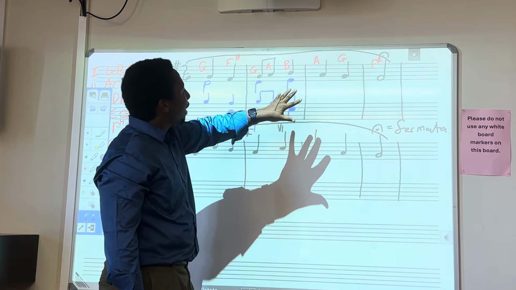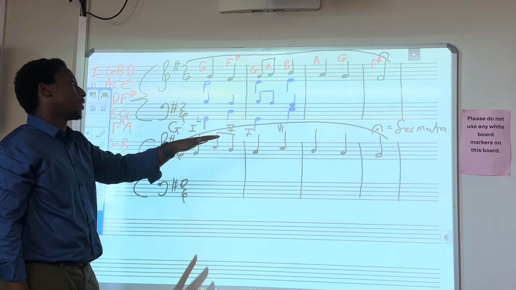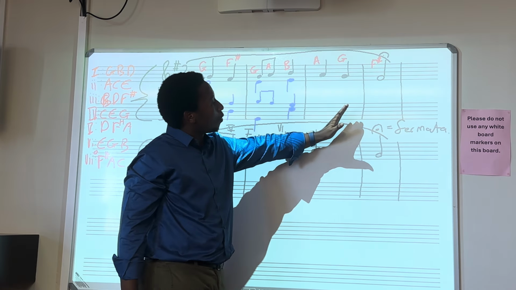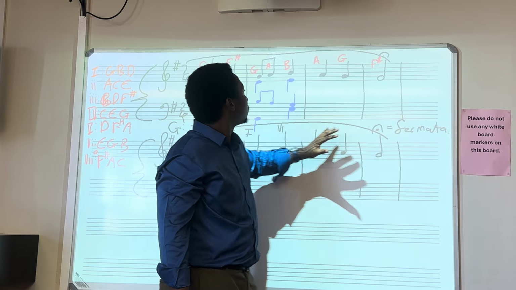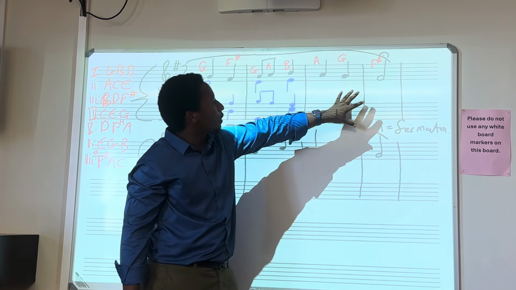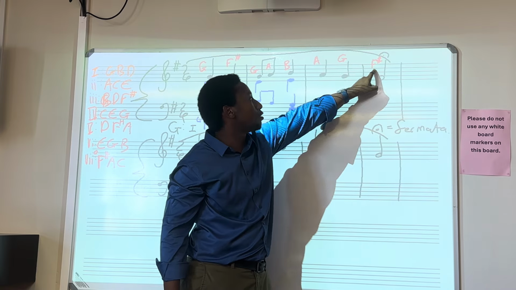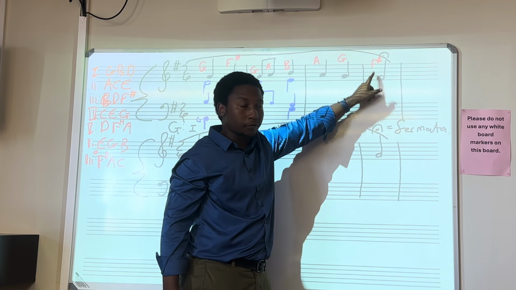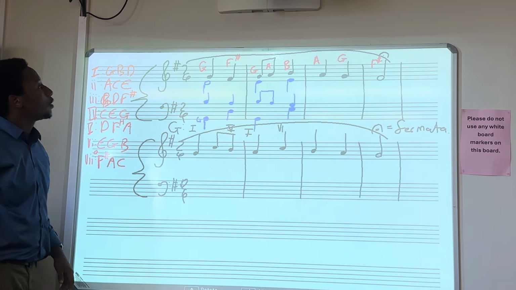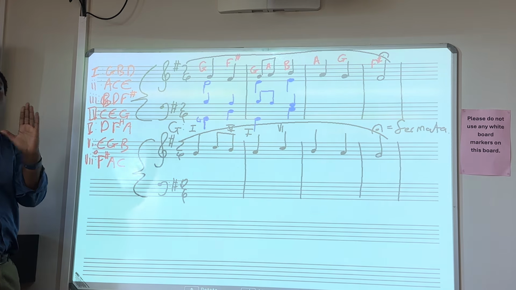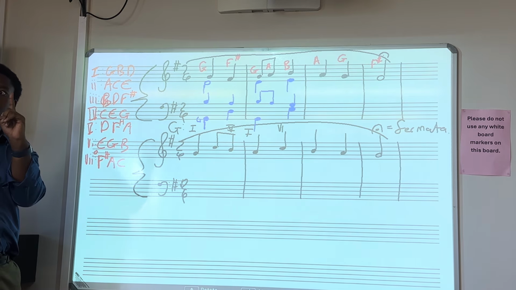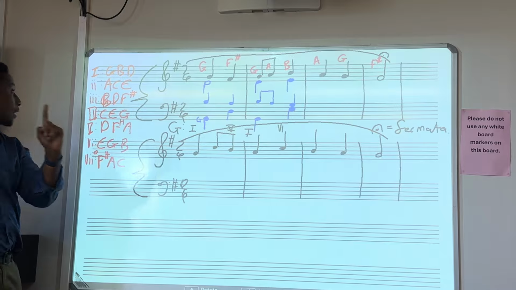Now I need to plan my chord choices in such a way that I land on a type of cadence here. So I'm not going to do this. I'm just going to find out options that I can have based on these notes. G going to F sharp. So if I have F sharp at the end, I know I'm not resolving on chord 1 here because chord 1 is GBD.